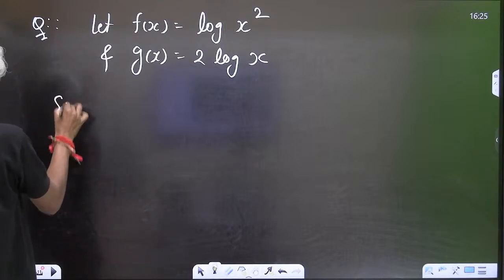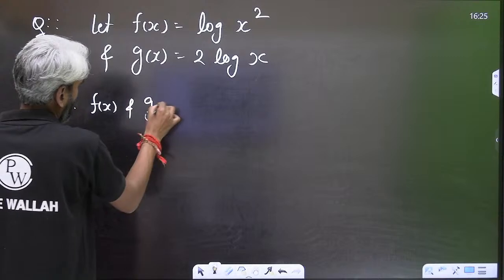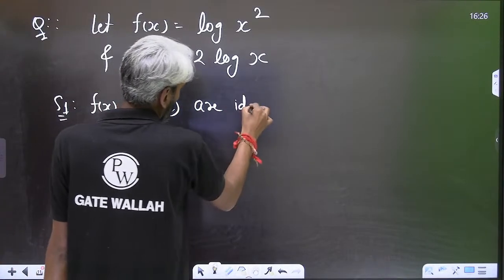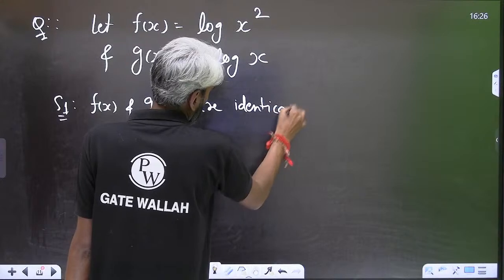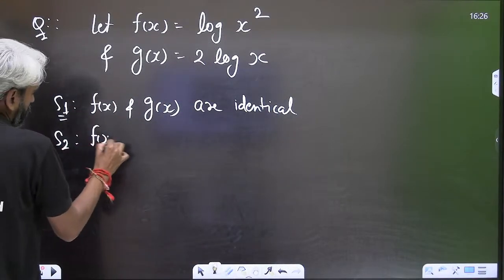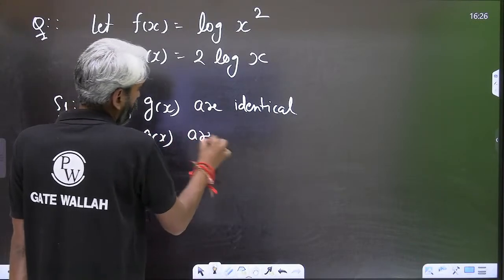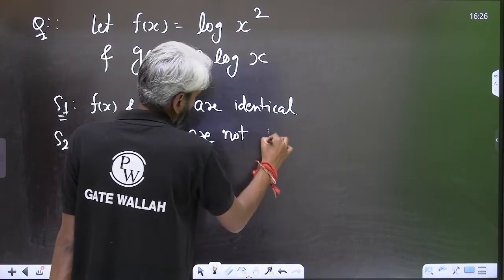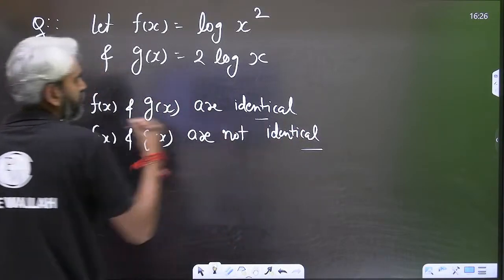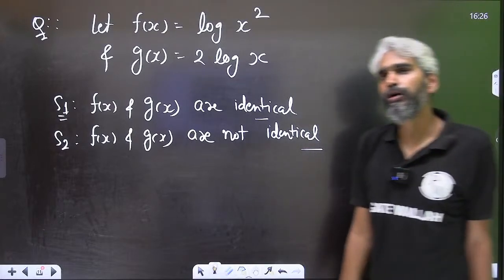Statement 1: f(x) and g(x) are identical. Statement 2: f(x) and g(x) are not identical. Which one is correct? S1 or S2? Fast. Which statement is correct?